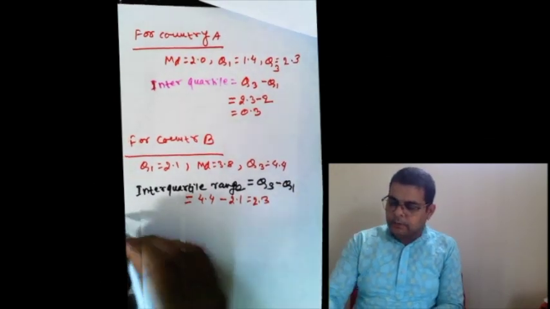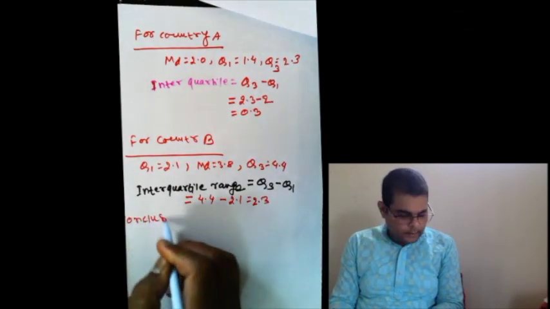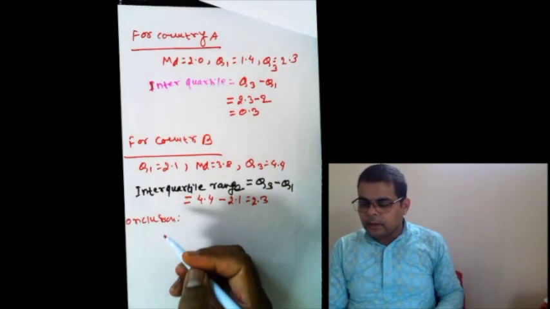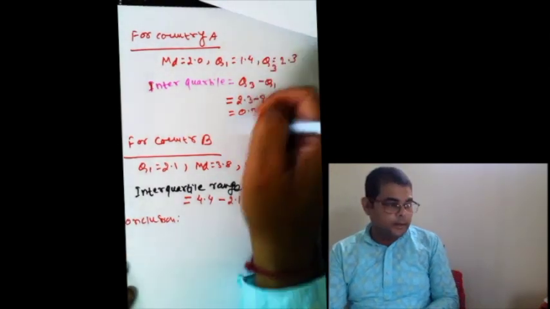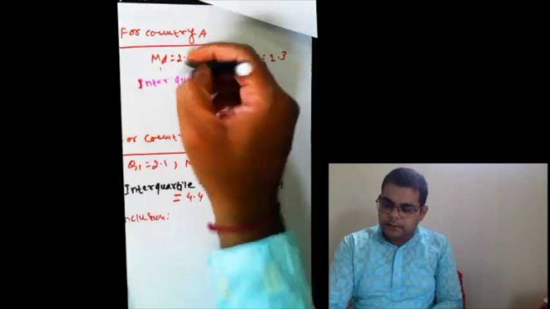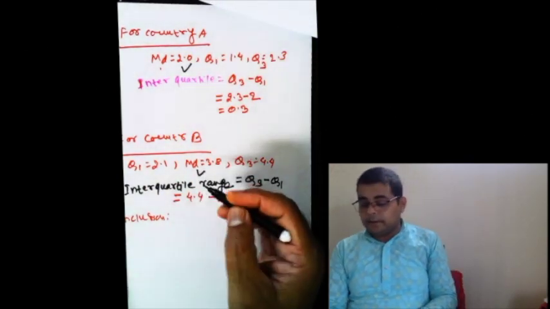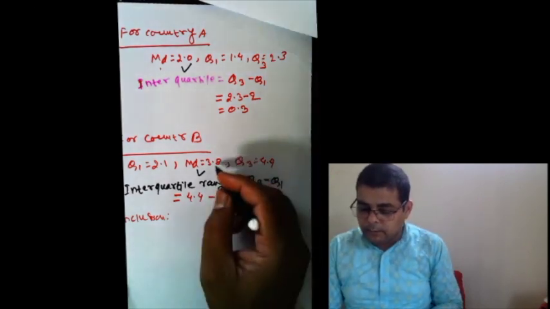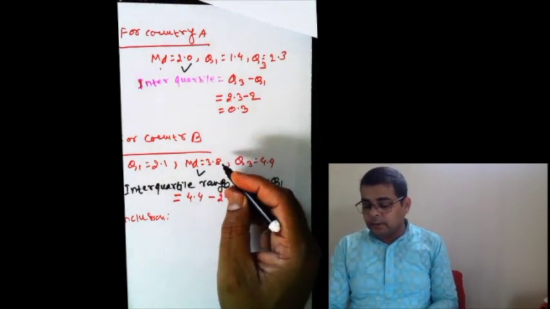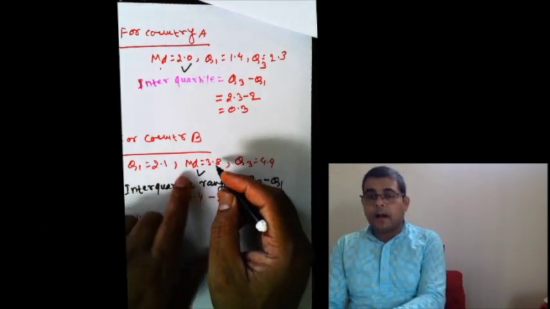And then based on all this information, you have to write the conclusion. You can see here if you compare these two data, the central tendency in this case is 2, and the central tendency, that is median, that is the average weight, is 3.8. So for country B, the babies' weights are higher.